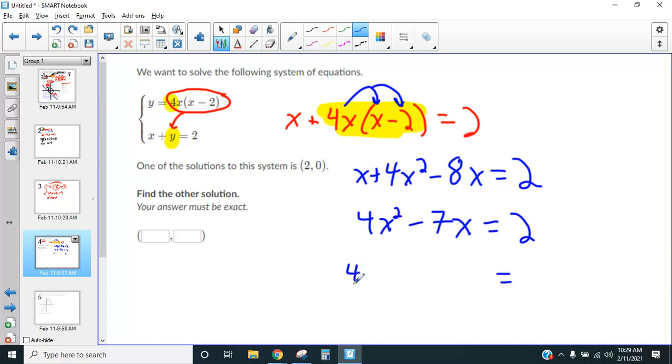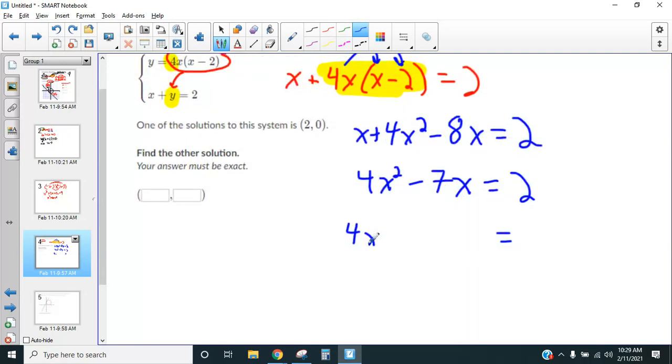Now, since it's a quadratic, we want to get everything on one side, just like we did last week, the week before. So we're going to move that 2 over this way. Now we have to, our favorite F word, factor. Right?